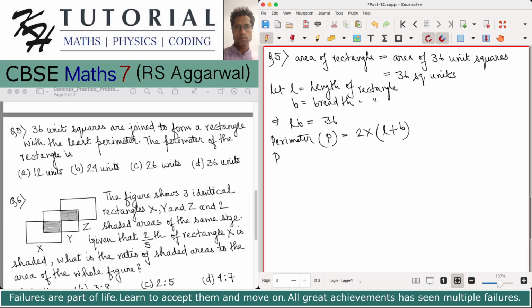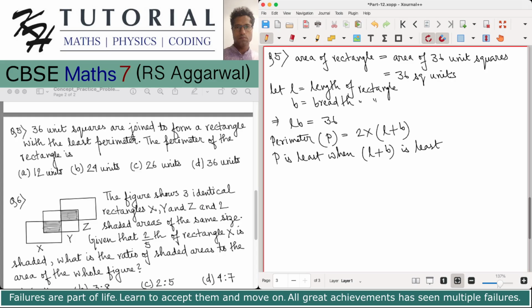Now remember the concept: P is least when L plus B is least. The formula of perimeter of a rectangle is 2 into L plus B. So when will 2 into L plus B be minimum? When the value of L plus B will be minimum.